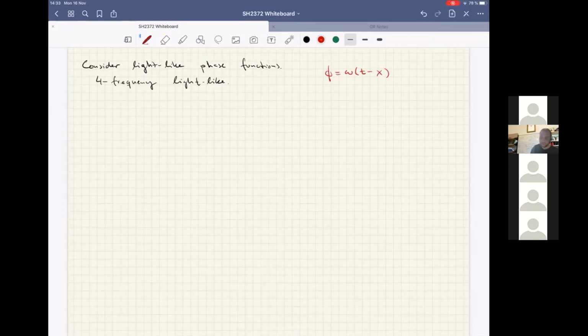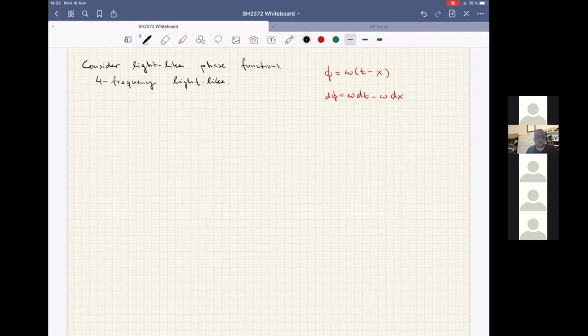This would be a light-like phase function because if you take this d phi, that would be omega dt minus omega dx. Then you would find that this d phi has a square of 0 and is therefore light-like. So essentially any light wave is going to be of this form.